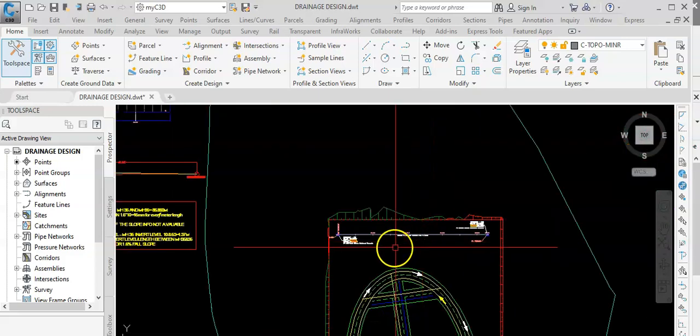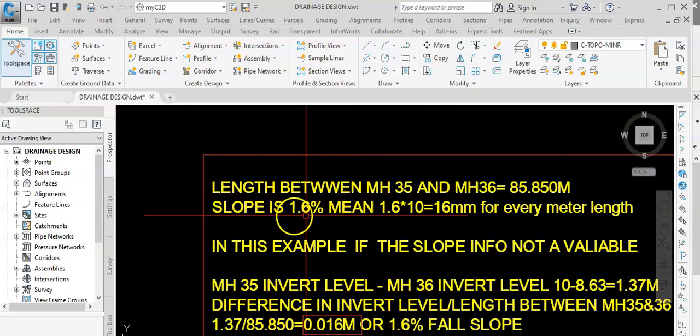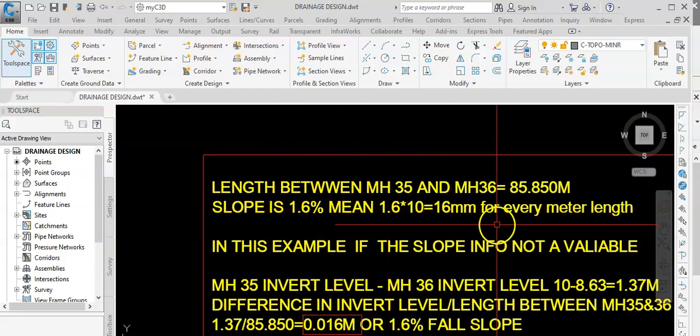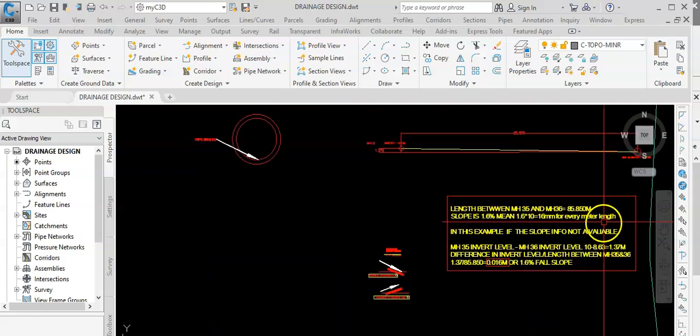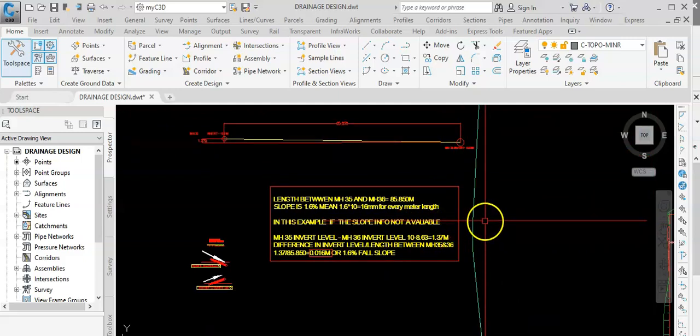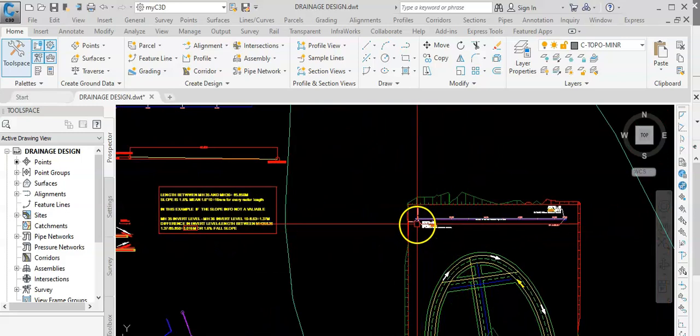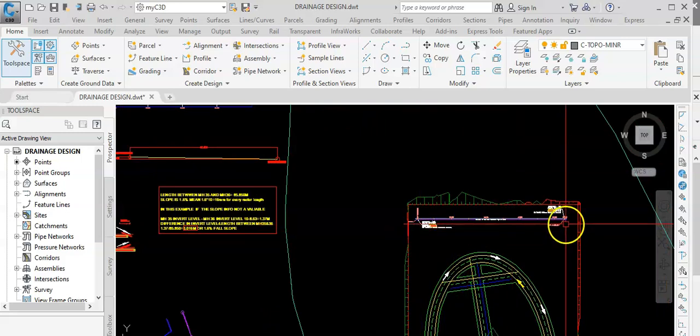So 1.6 times 10 will give us 16 millimeters for every 1 meter. This is the fall designed for the pipes to go from one end to another.